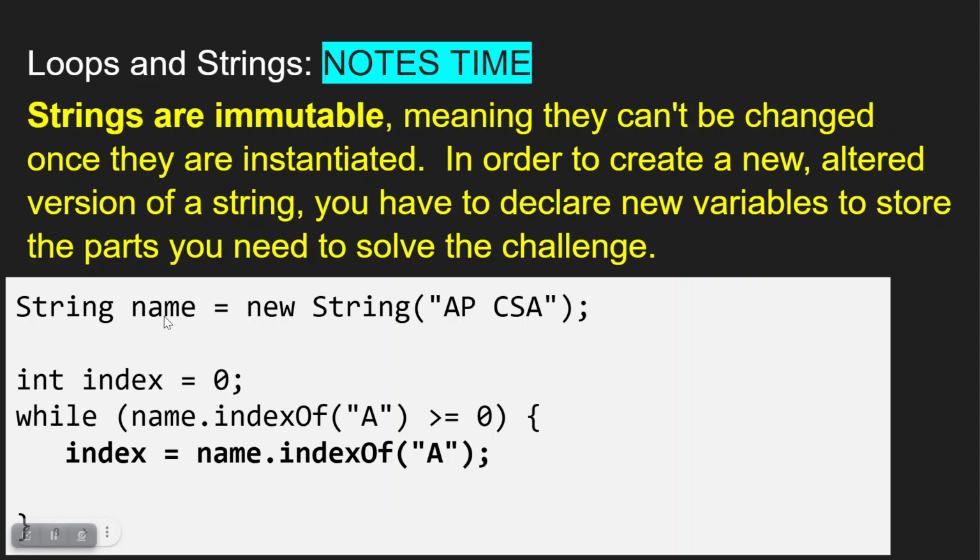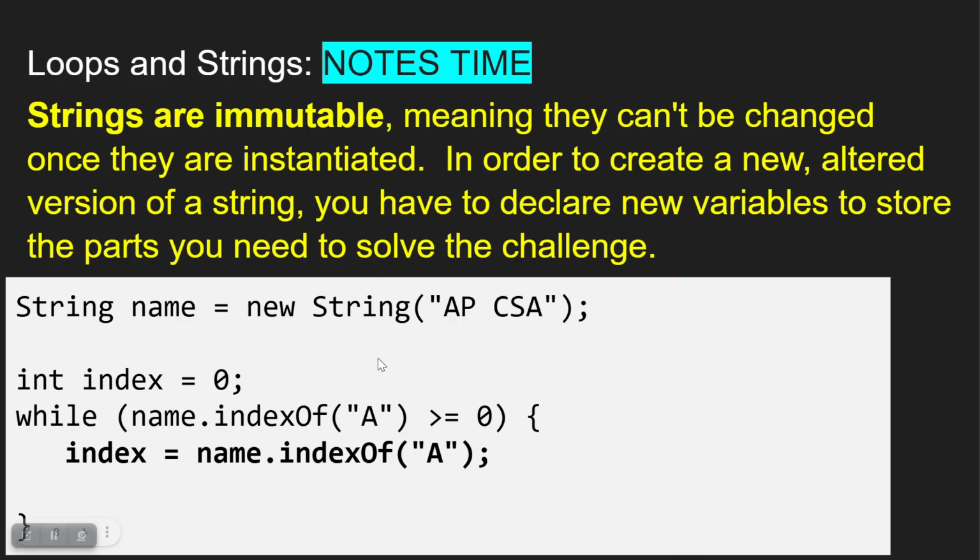So I can't just take name and alter it, right? Name is referring to this area of memory in Java, and AP CSA is being stored there. So if I need to alter it, in order to create a new altered version of a string, you're going to have to cut it up into pieces, and you have to declare new variables in order to store the parts that you need to solve the challenge.